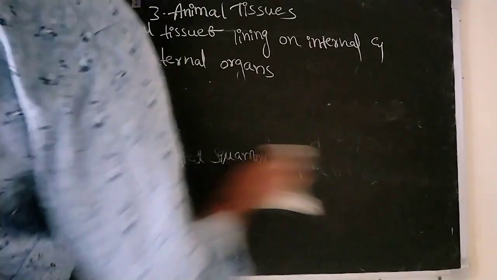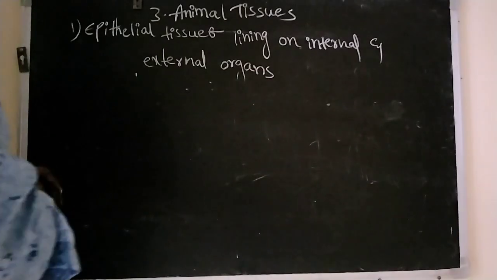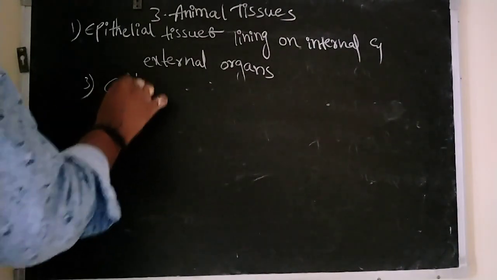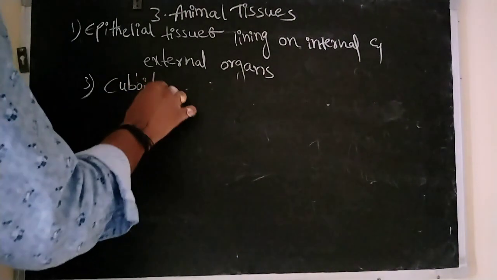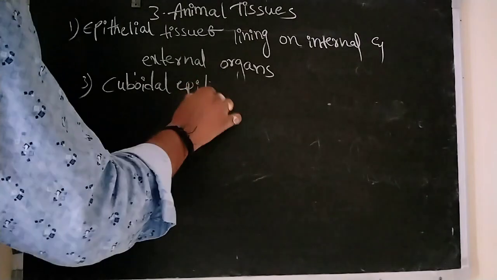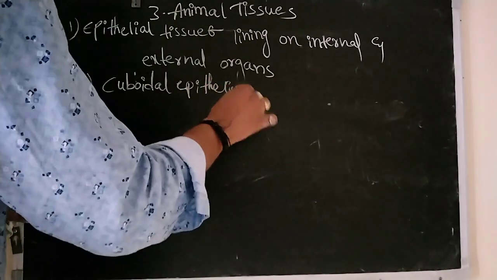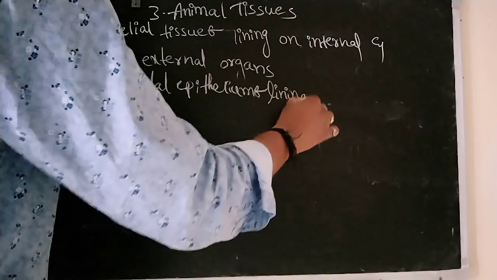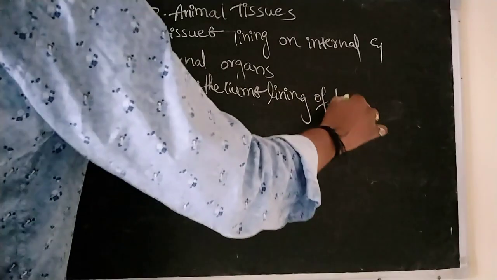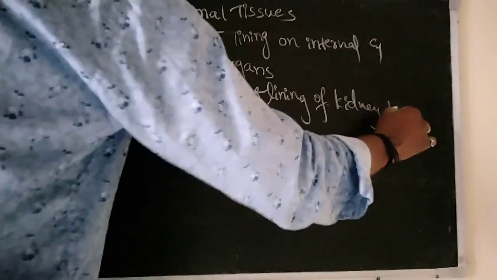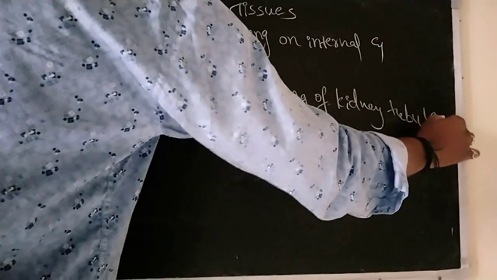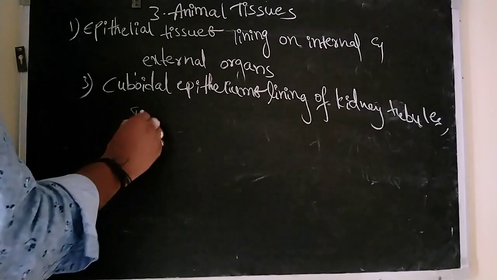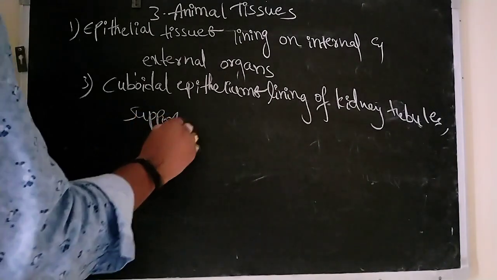Next one, cuboidal epithelial tissue. Cuboidal epithelial tissue is present in the lining of kidney tubules, and it also gives support to salivary glands.